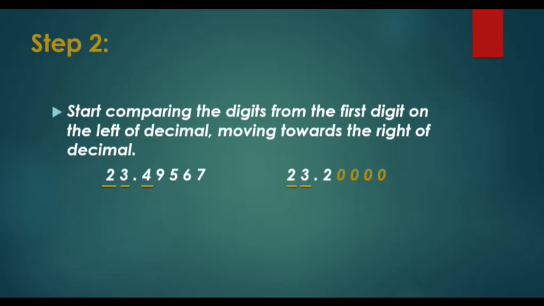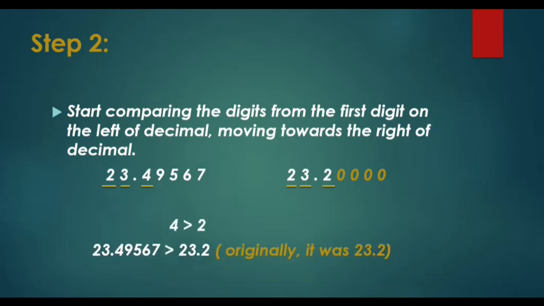Moving to the right side of the decimal, we see that the first number has 4 and the second number has 2. So 4 is greater than 2. We all know that. Therefore, we stop here and conclude that the first number, 23.49567, is greater than 23.2.